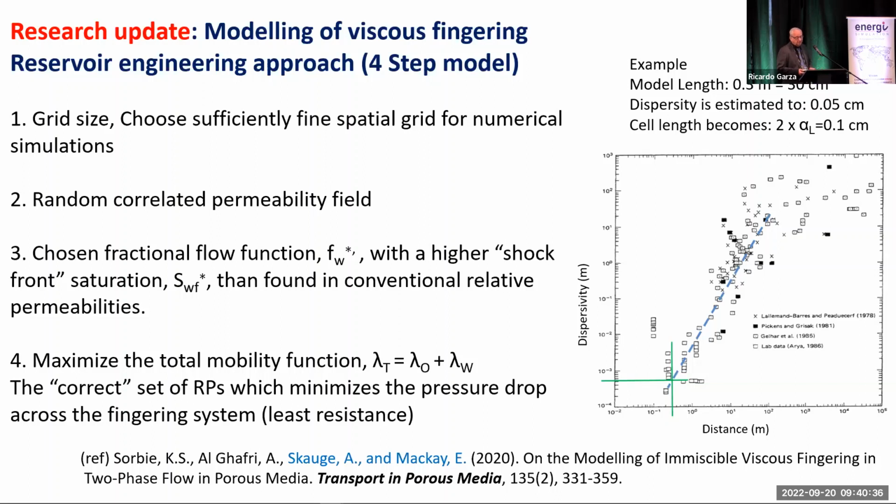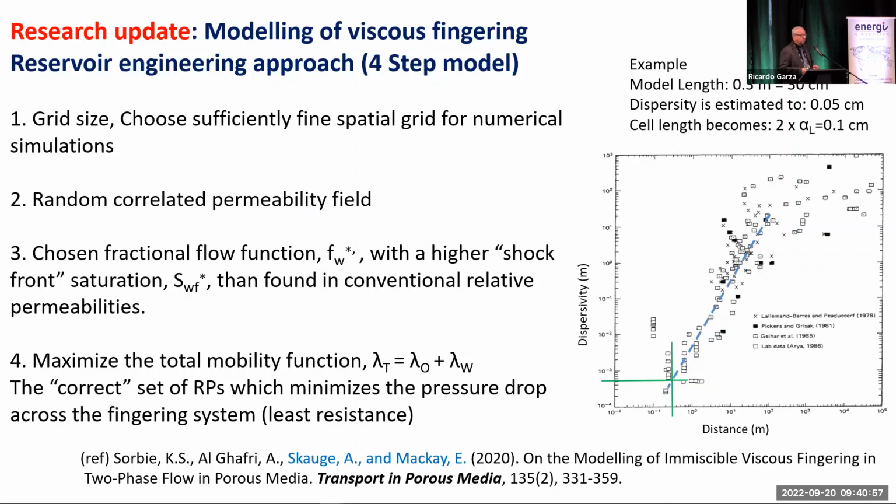Then we are trying to put the right velocity into the fingers which are moving ahead. That has been done by a one-dimensional fractional flow approach, looking at the shock front saturation. So we want to have as high water saturation in the fingers as possible, and we are maximizing the total mobility.